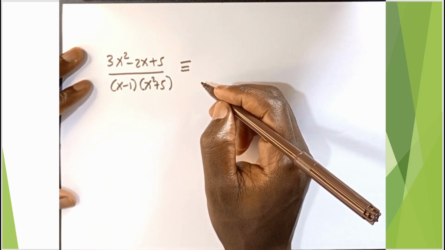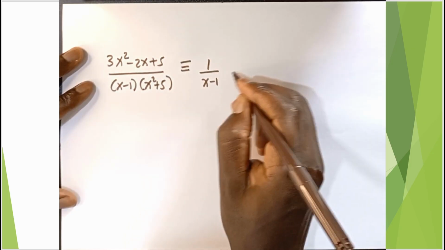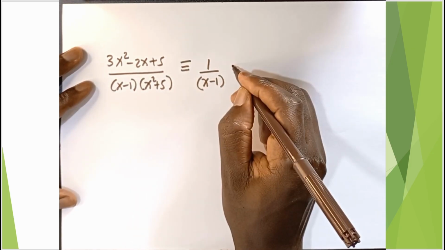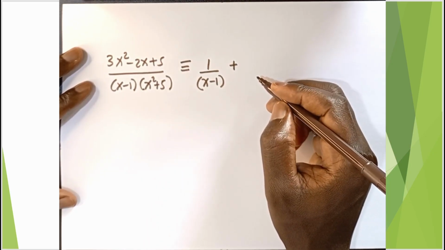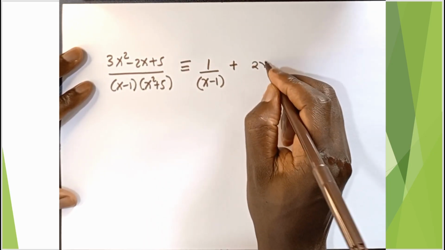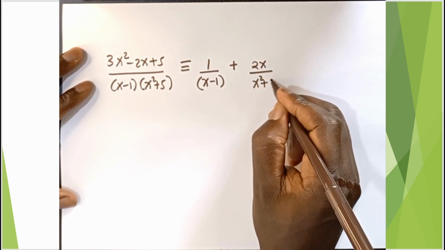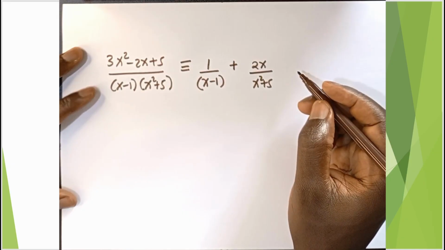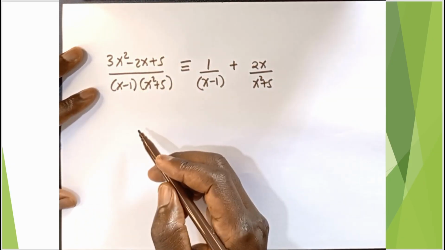Our A, remember, is 1, so we shall have 1 out of x minus 1, plus, now our b is 2, so we shall have 2x out of x squared plus 5, because c is 0. Now this is the partial fraction of this whole fraction.